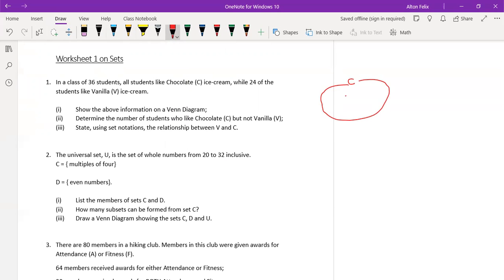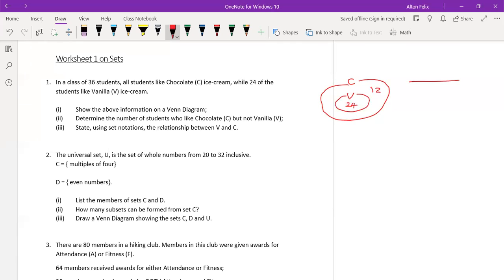So the set of students who like vanilla will be a subset. So we know 24 of them will be placed inside of here. And if the total number of students in the class is 36, all of them being part of the set C, it means that the difference, 36 minus 24, which is 12, will be outside of that set of students who like vanilla.